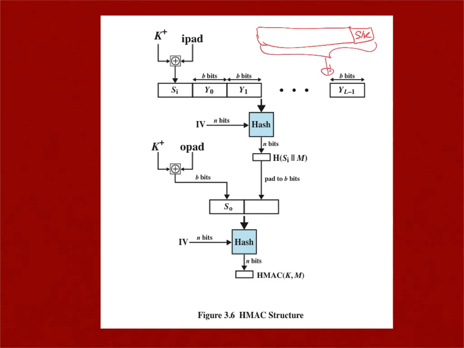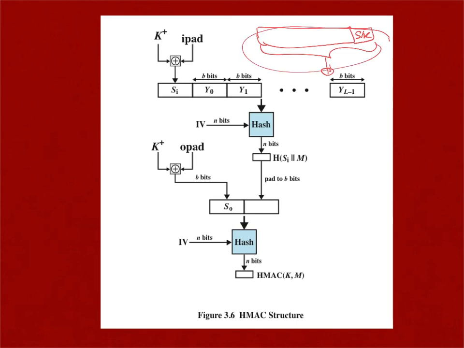This is what we said. HMAC tries to be a little bit more protective from a security perspective. So we do that in 2 steps. HMAC performs this same concept, but in 2 steps.